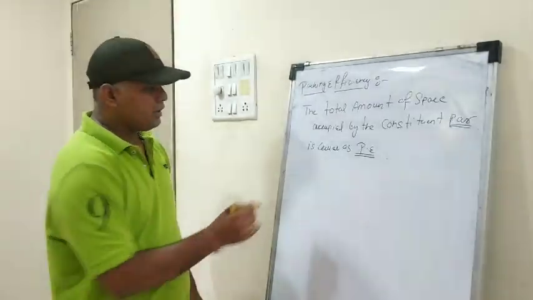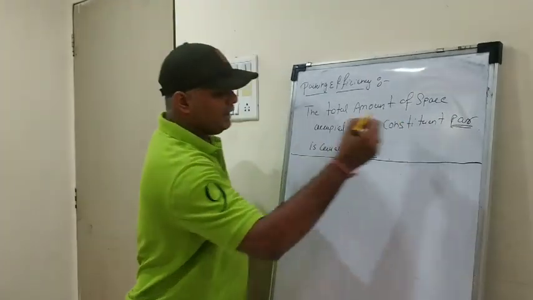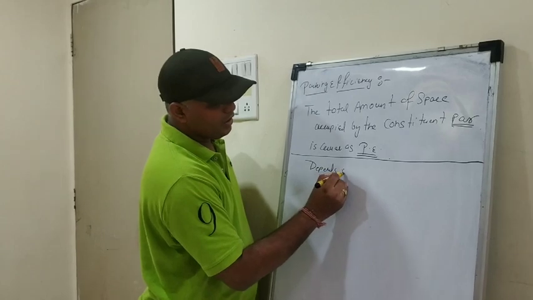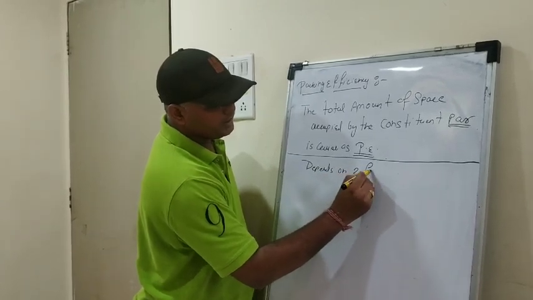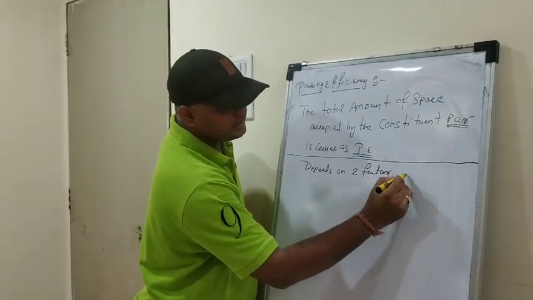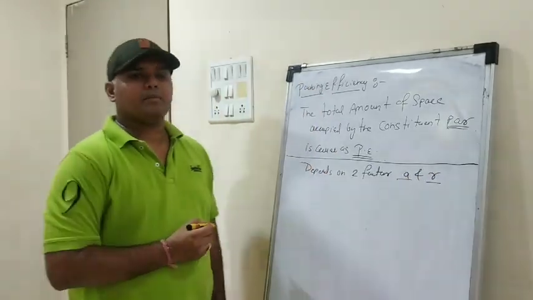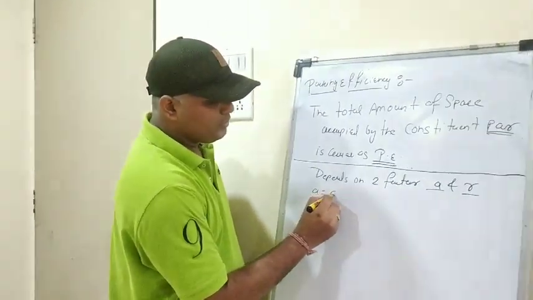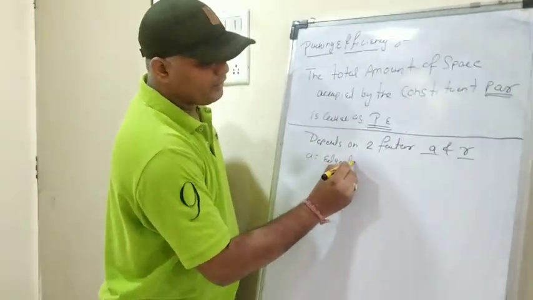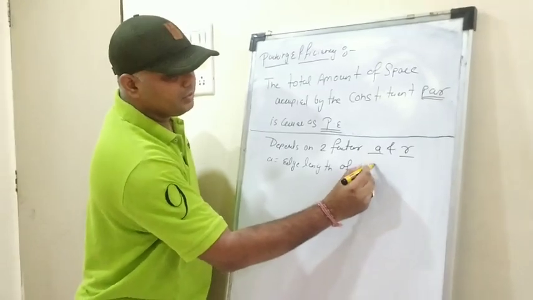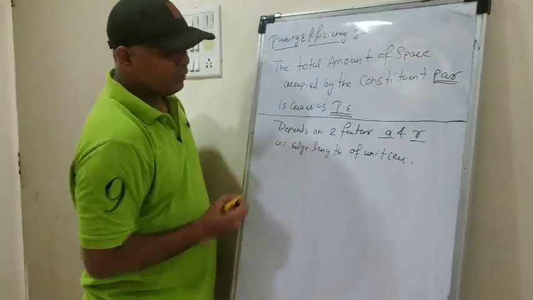Now this particular packing efficiency depends upon two factors, that is A and R. Now what is this A? A is nothing but the edge length of a unit cell. And what is the R?